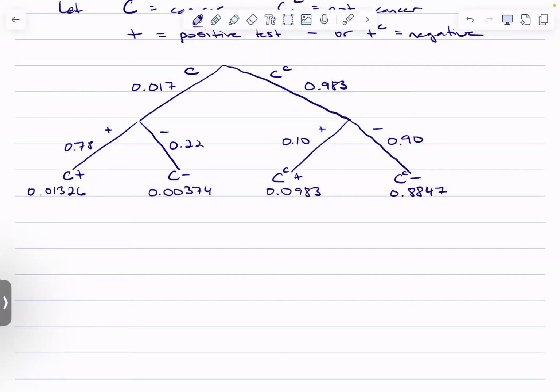So if I add these all up, 0.8847 plus 0.0983 plus 0.00374 plus 0.01326, whew. I just do a little side note. That's more for me. I guess you don't have to do that for full marks.